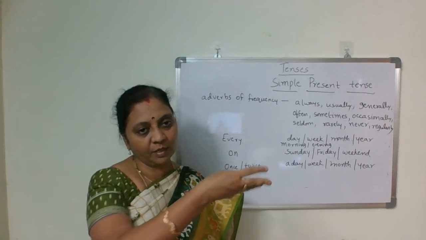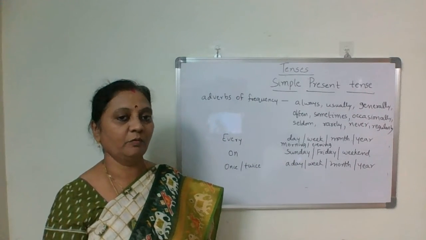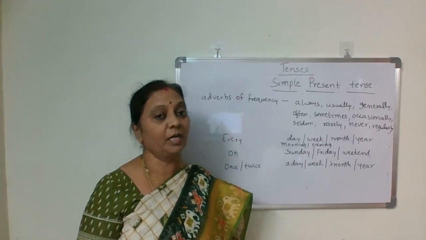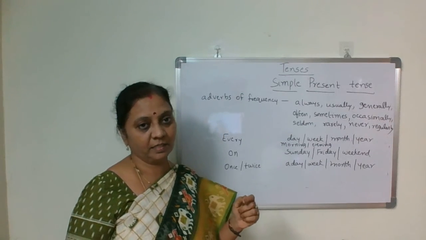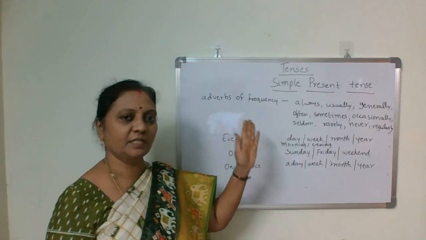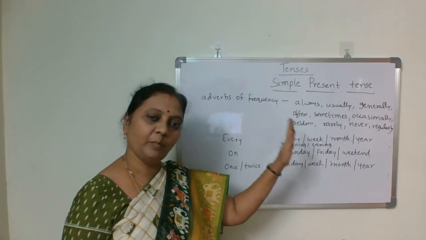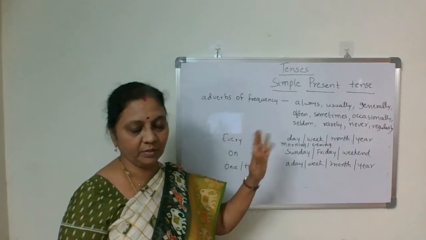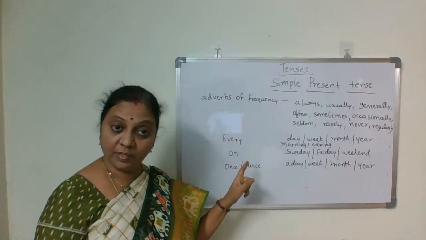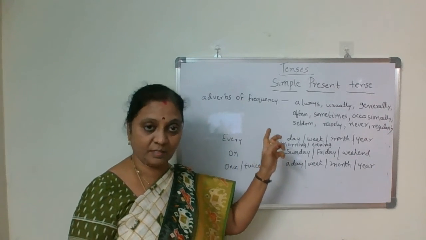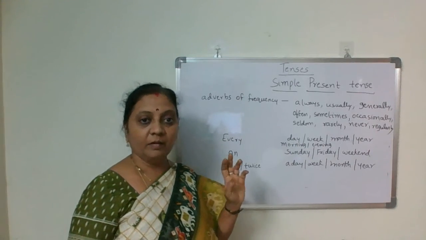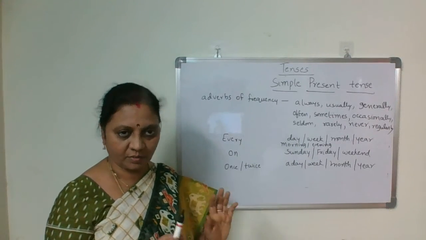So three tenses we have, and each tense has four forms. So totally we have 12 tenses. And I started today simple present tense. And what is the structure? Subject plus V1 plus object or any other words, and if it is third person singular, V1 changes into V1 plus S, ES or IES.